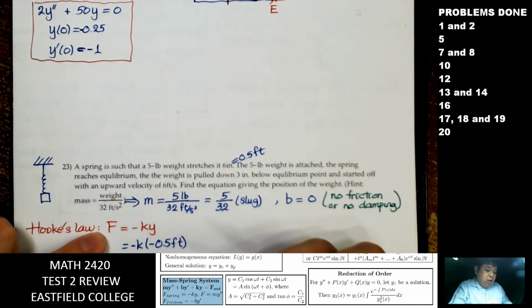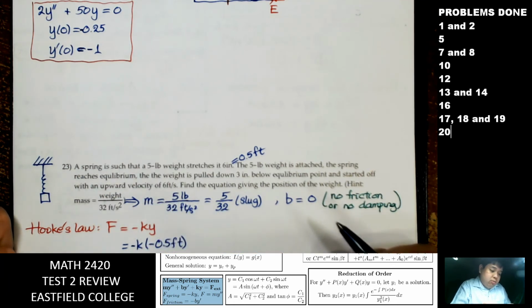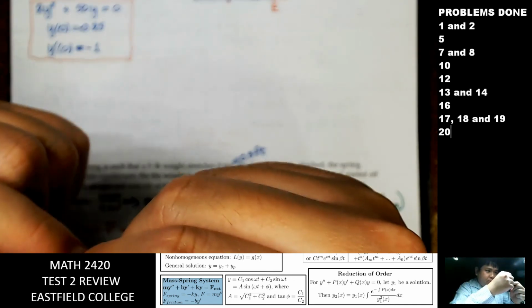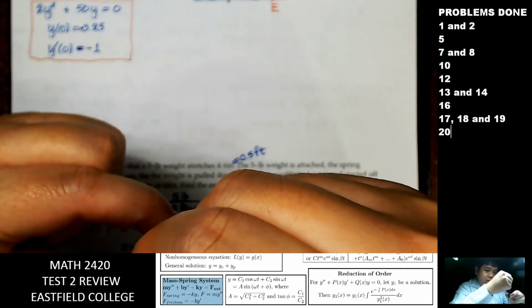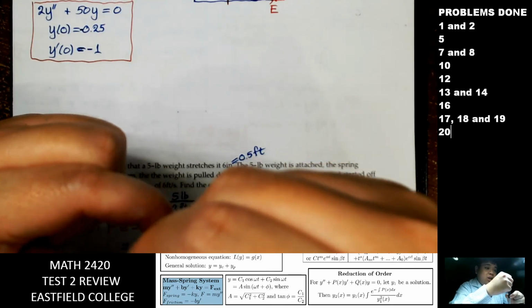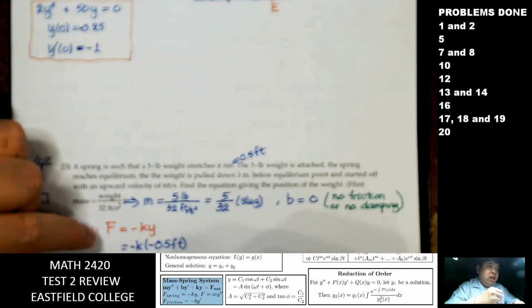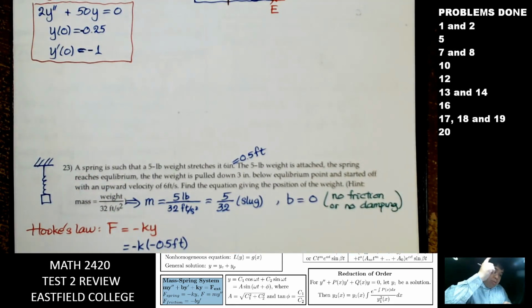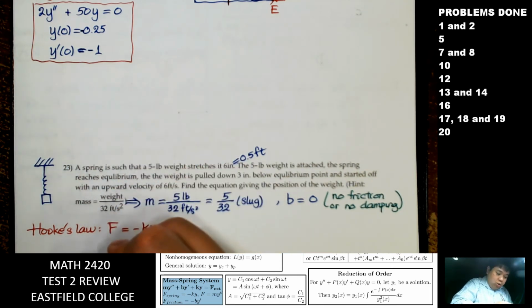The force is equal to 5 pounds as well. But the force is of the spring. At equilibrium, the weight pulls it down, but the spring will pull it up, and the force here is the restoring force of the spring. It's pulling it up, so actually it's going to be positive. It's also 5 pounds.